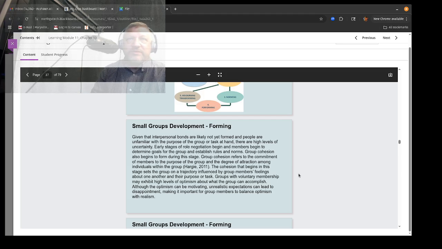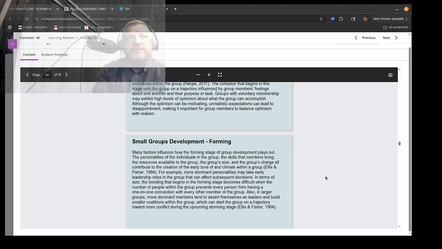Groups with a voluntary membership may exhibit high levels of optimism about what the group can accomplish in this stage. Although that optimism can be motivating, unrealistic expectations usually come from this, and those tend to lead to disappointment, making it important for group members to balance optimism with realism. Many factors influence the forming stage of group development as it plays out.